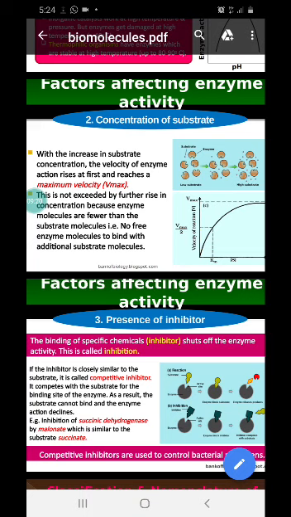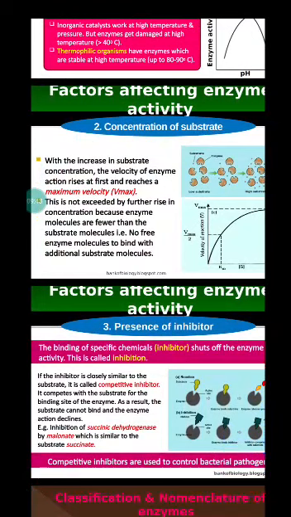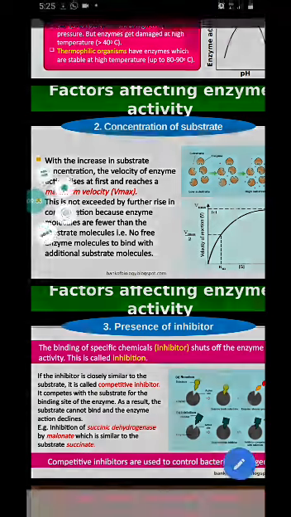There are many examples in our body of the presence of an inhibitor, and thereby the reaction is not happening. Clear? So this is called a competitive inhibitor. Competitive inhibitors are used to control bacterial pathogens, similar to the vaccination I just told. You will learn it in detail in higher standards. Just you should know that competitive inhibitors are used to control bacterial pathogens.